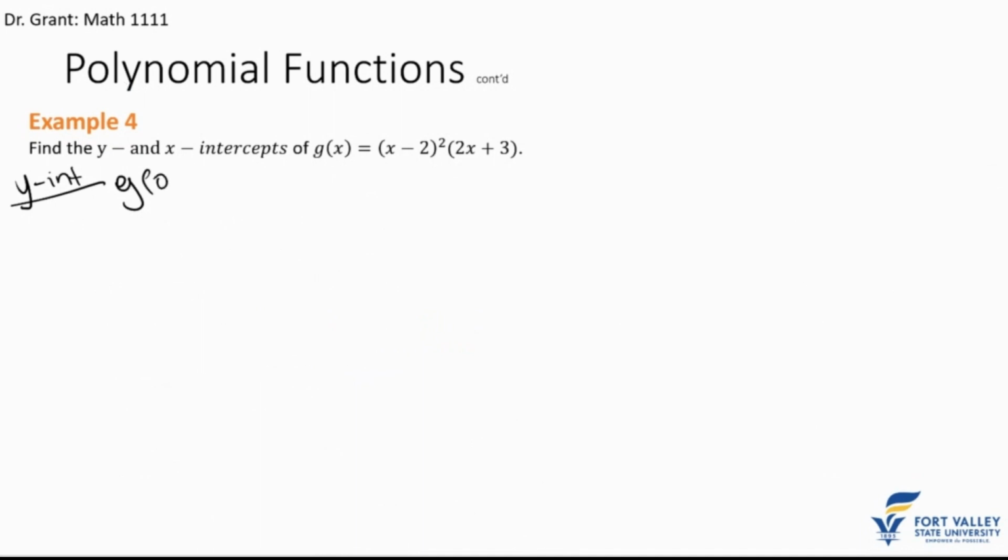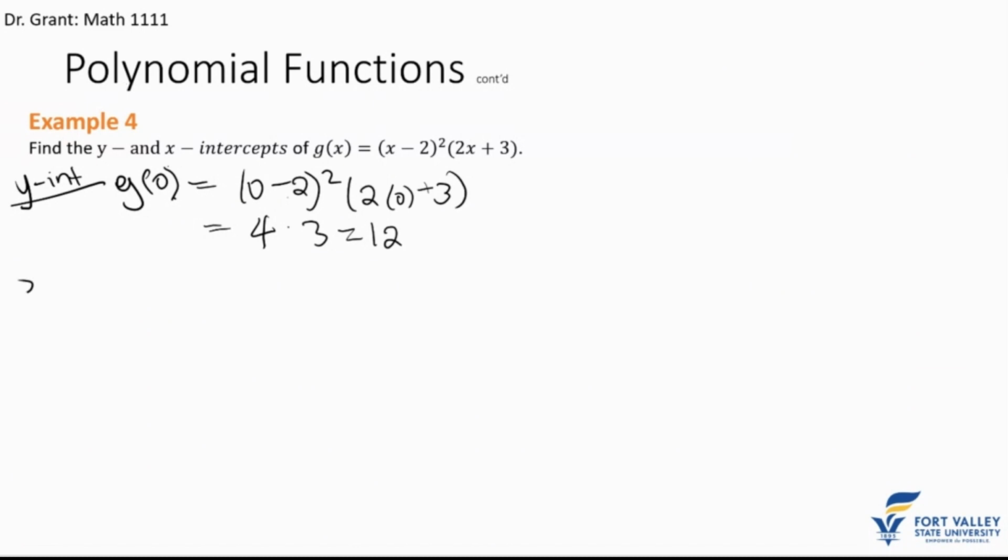That means we're going to be doing g of 0, which is equal to 0 minus 2 squared times 2 times 0 plus 3. So here we're left with negative 2 squared, which is 4, times 3, which is 12. So that's where my y-intercept will be.